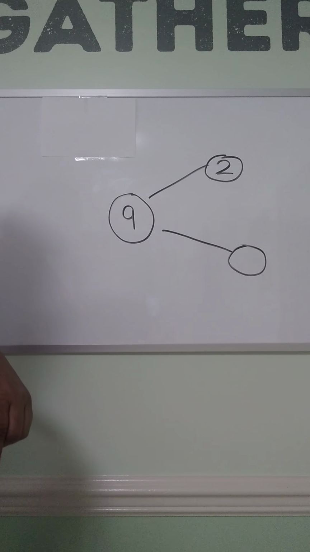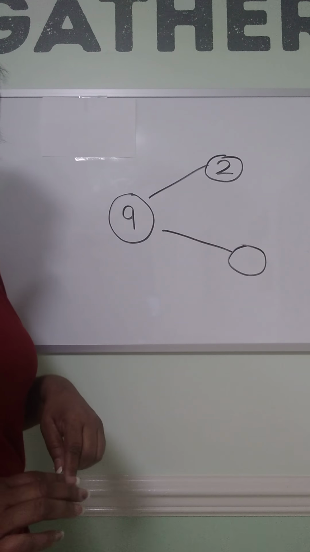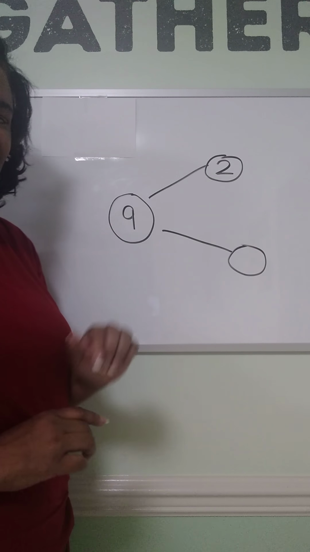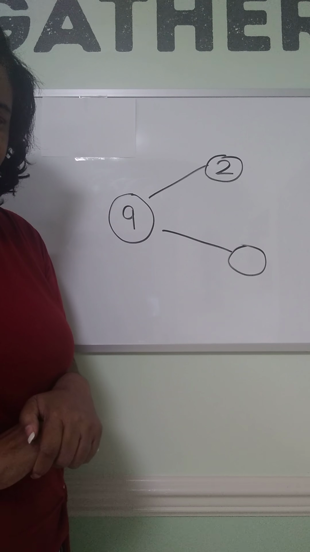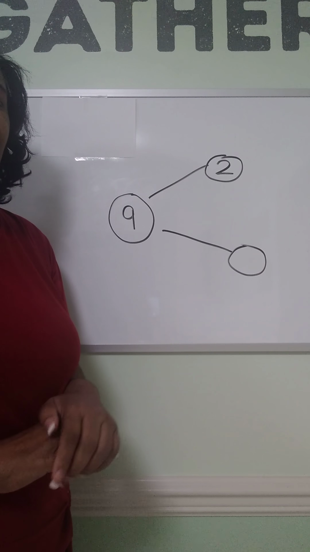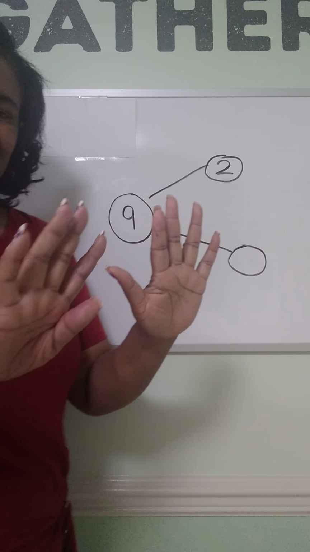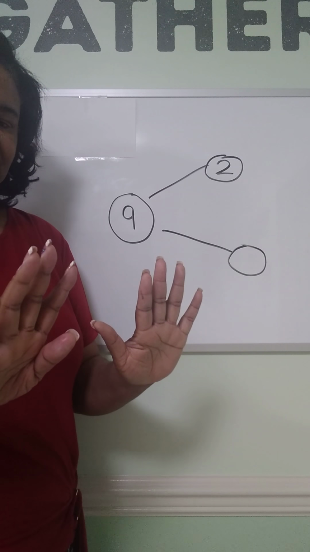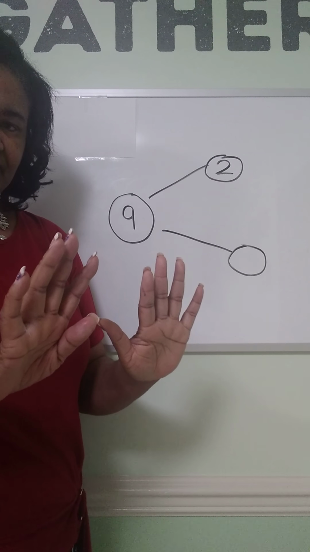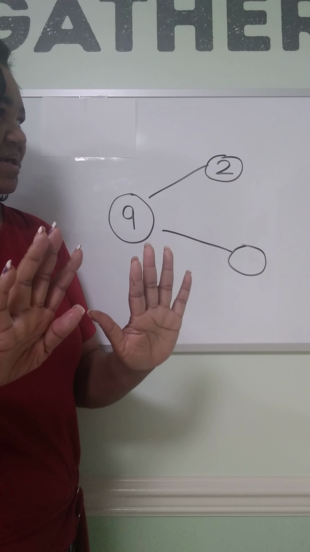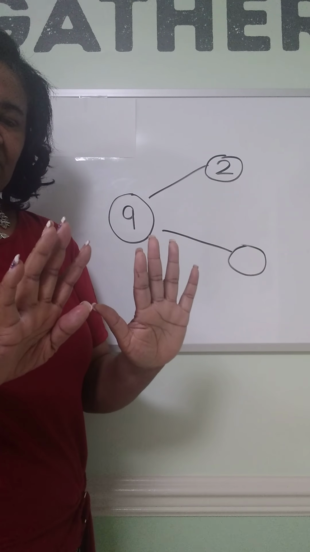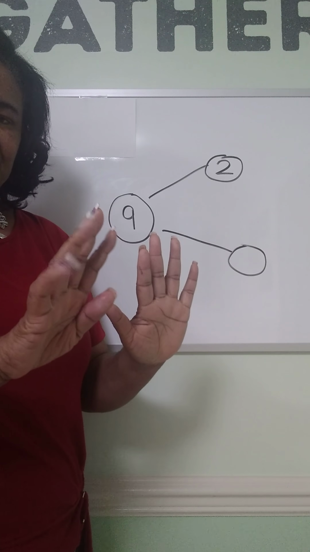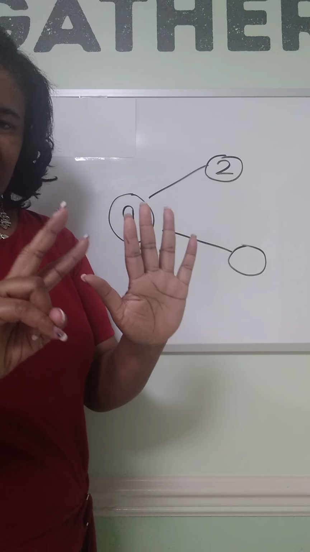Okay? I'm going to use my fingers. And our number that we should have on our fingers is what? Of course, it is the number 9. Okay? Now it says take away 2. So I'm going to take away 2 on this hand. Okay?